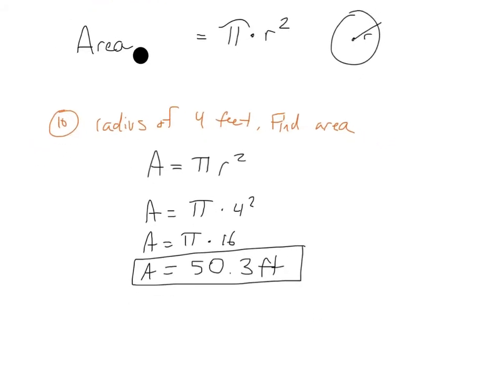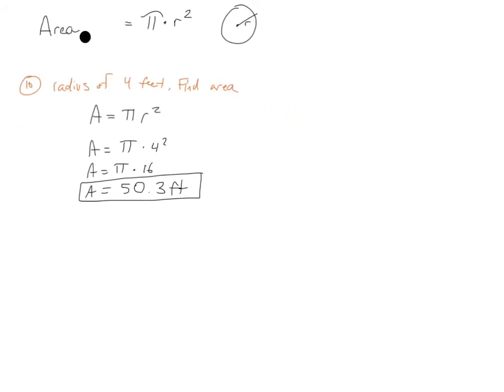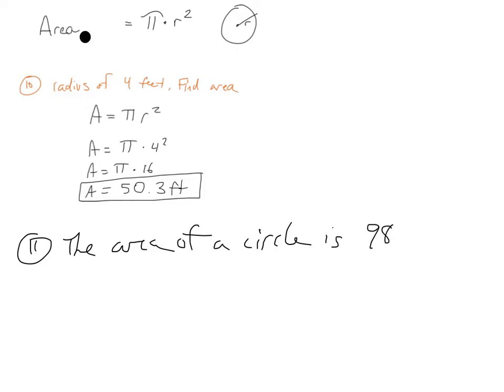But we can also use that same formula to find the radius. Okay, so let's go to number 11. Let's say the area of a circle is 98 square feet.